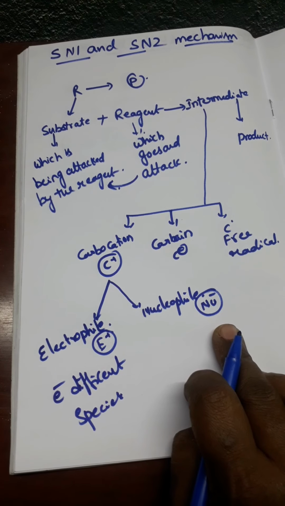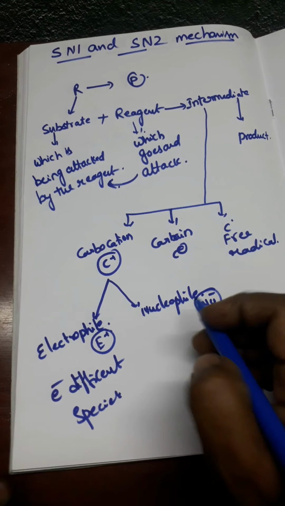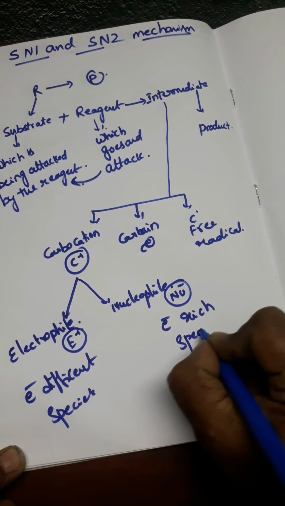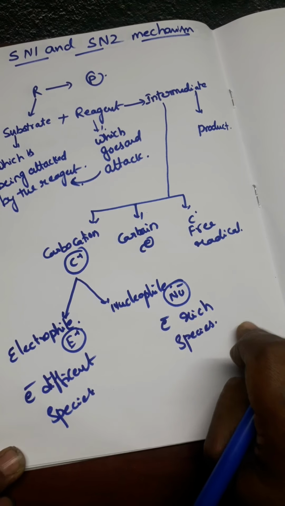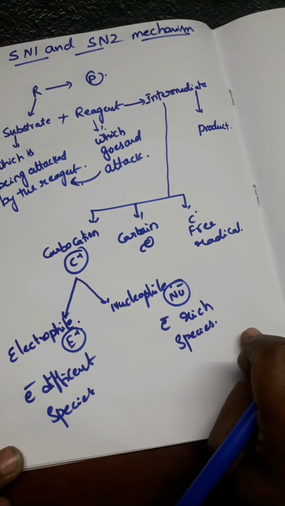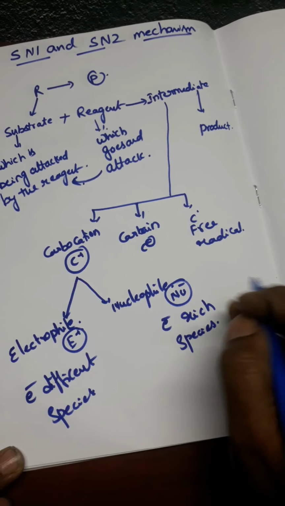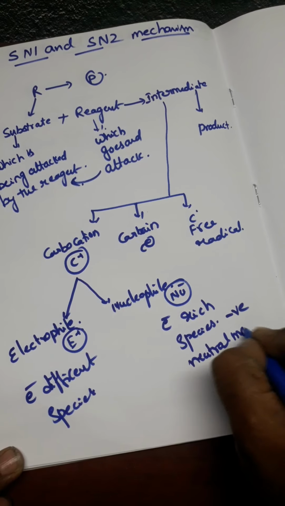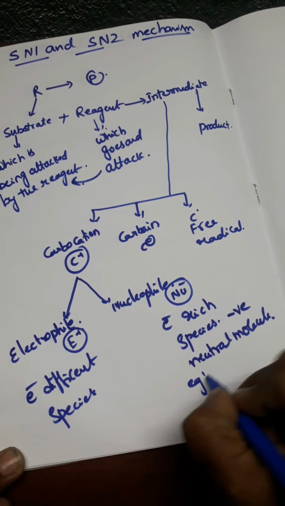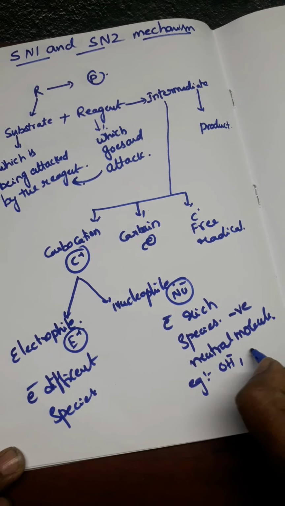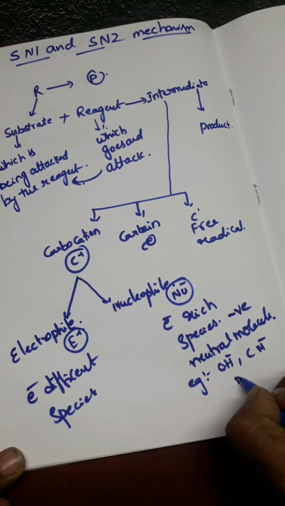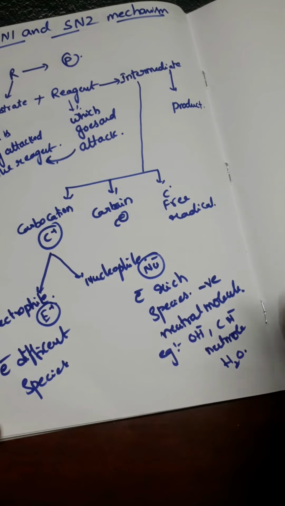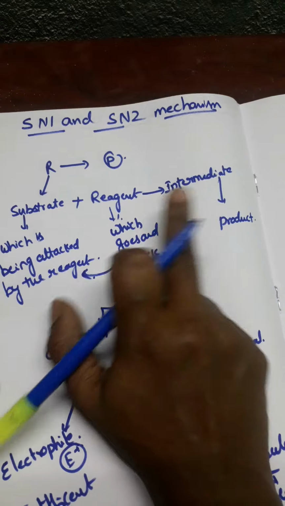And the nucleophiles are electron rich species, an electron pair donor. It may have a negative charge or be a neutral molecule, for example OH minus, CN minus, and neutral molecules like water. Okay, this is the substrate, reagents and intermediate.